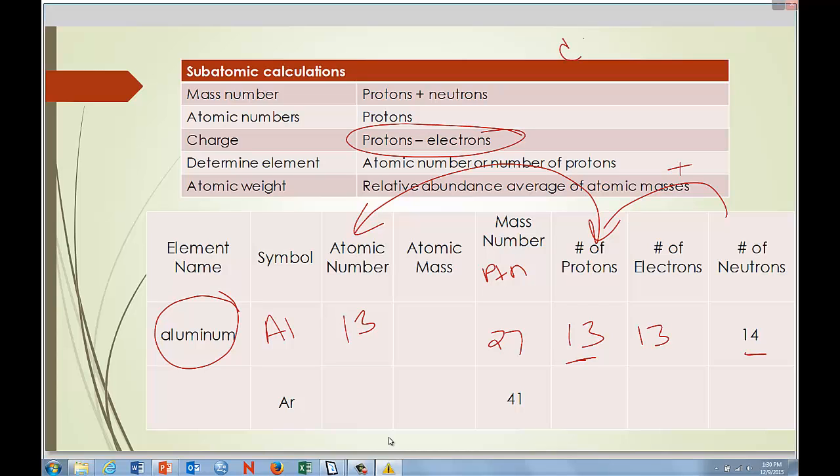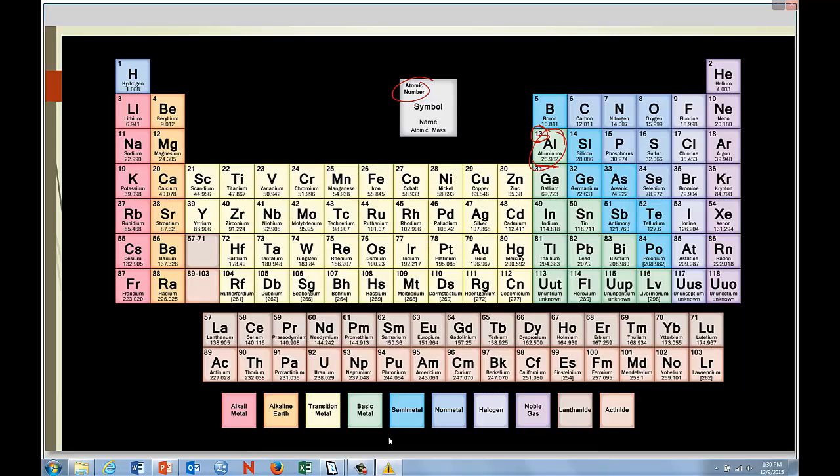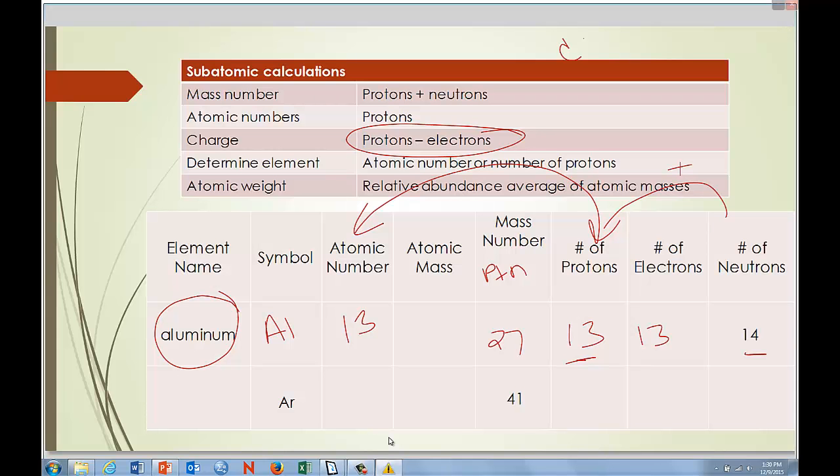The atomic mass is the average of all the isotopes with its relative abundance, 26.98. Notice that the atomic mass and mass number are very, very similar, but they are not the same thing. The mass number is for a specific isotope, whereas the atomic mass is the average of all the isotopes.